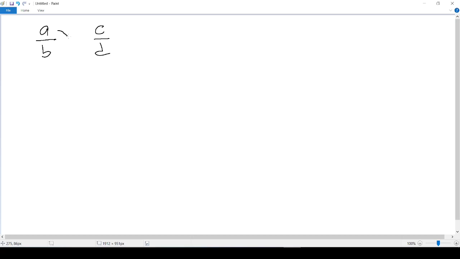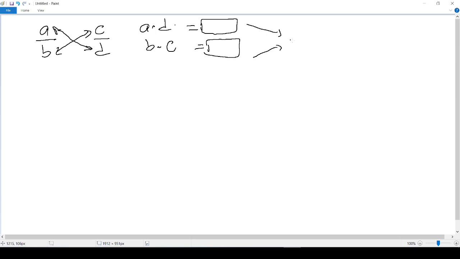So cross multiplication will give me a times d, and b times c. If these two answers are equal, then my two fractions are equivalent. Otherwise, they are not.